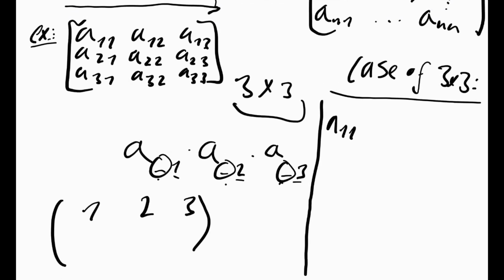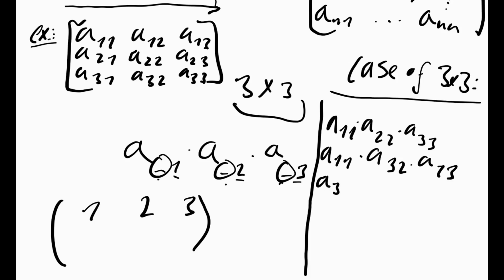We have A11, and then we can multiply by the entries in different rows and different columns, such that they're not in the same row. So A11 times A22 times A33 works out. Starting with A11, we have one more option, that's A11 times A32 times A13. Then we can list A31, for example. So A31 times A22 times A13.